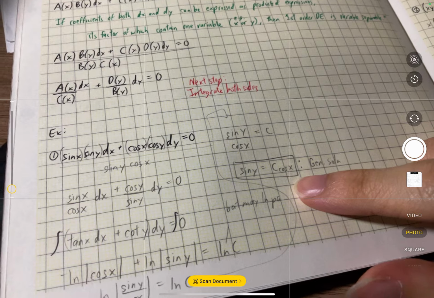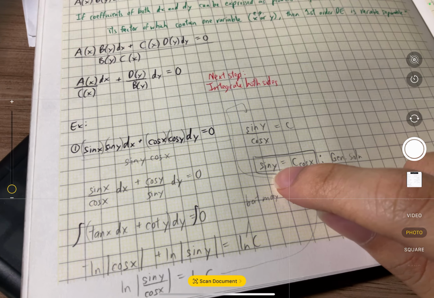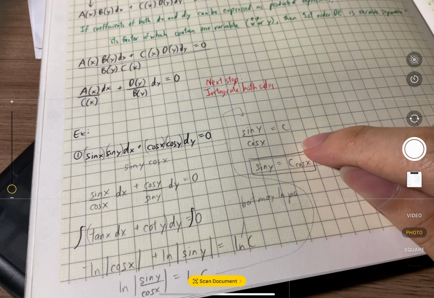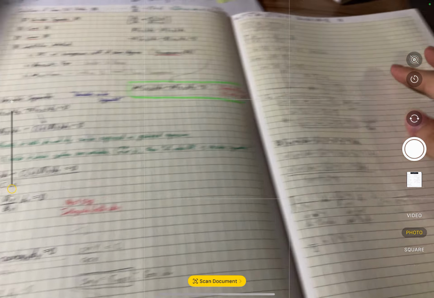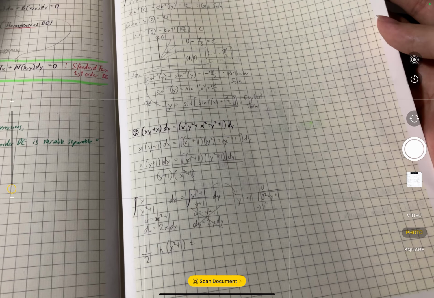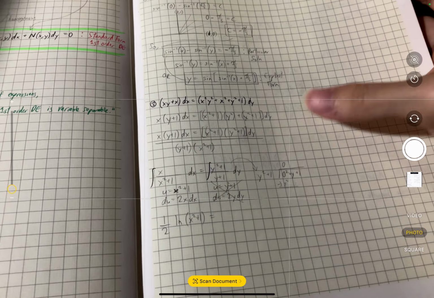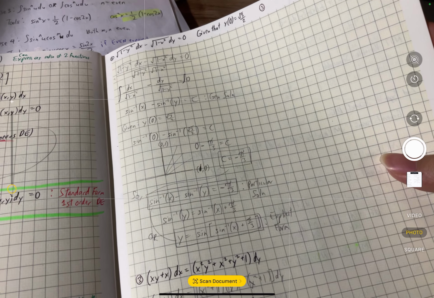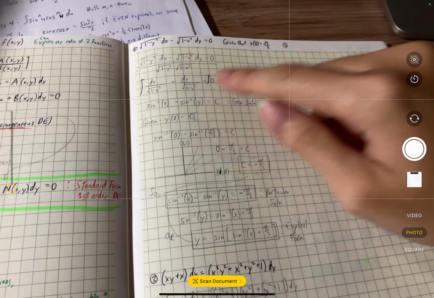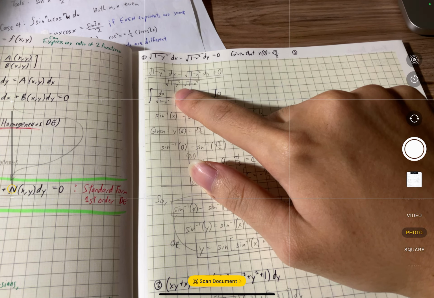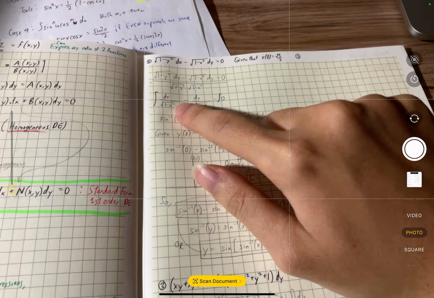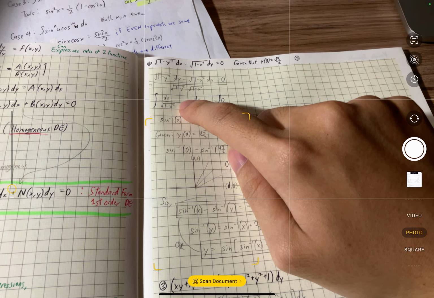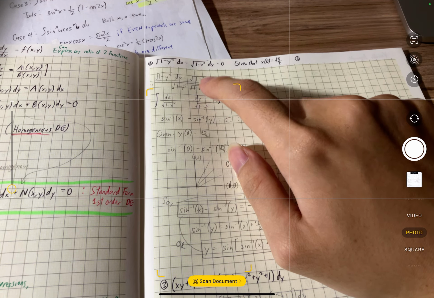Actually, you can still simplify this further. y is equal to arc sine of this one, whatever this is. I didn't continue the solution anymore. But yes, that is for variable separable. Here you can divide so that you have x and then dx, and here you have y and then dy.